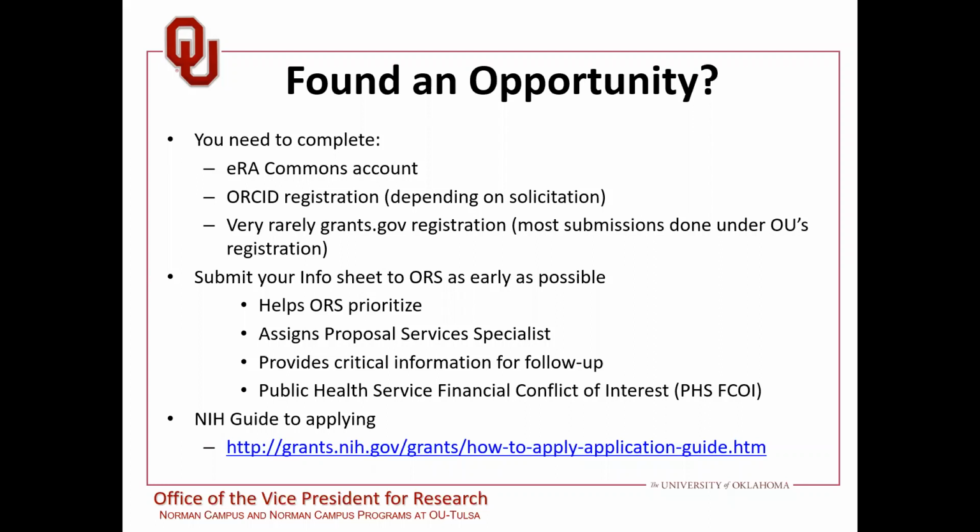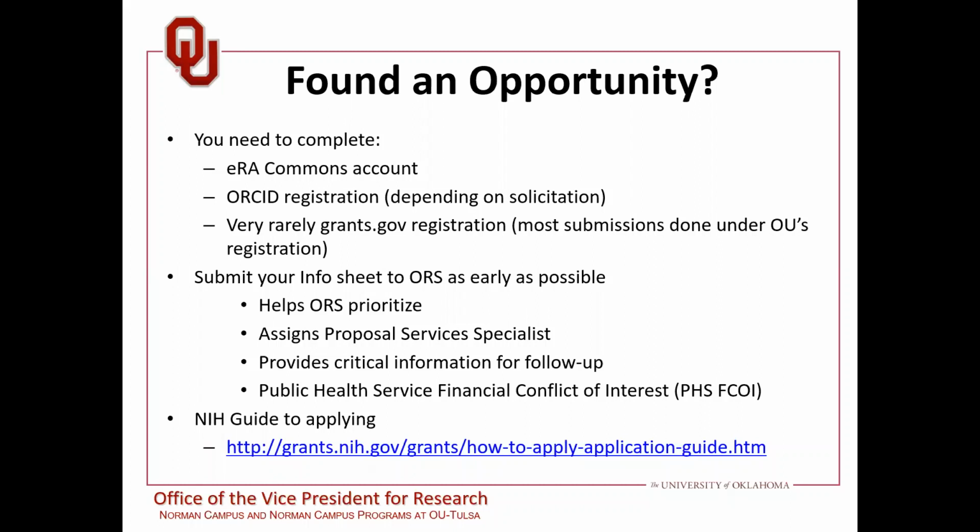One of the recent changes that started taking effect the 1st of October this year was that you need an ORCID registration. This hasn't become 100% effective yet for all solicitations. In October, it became effective for training-related solicitations.